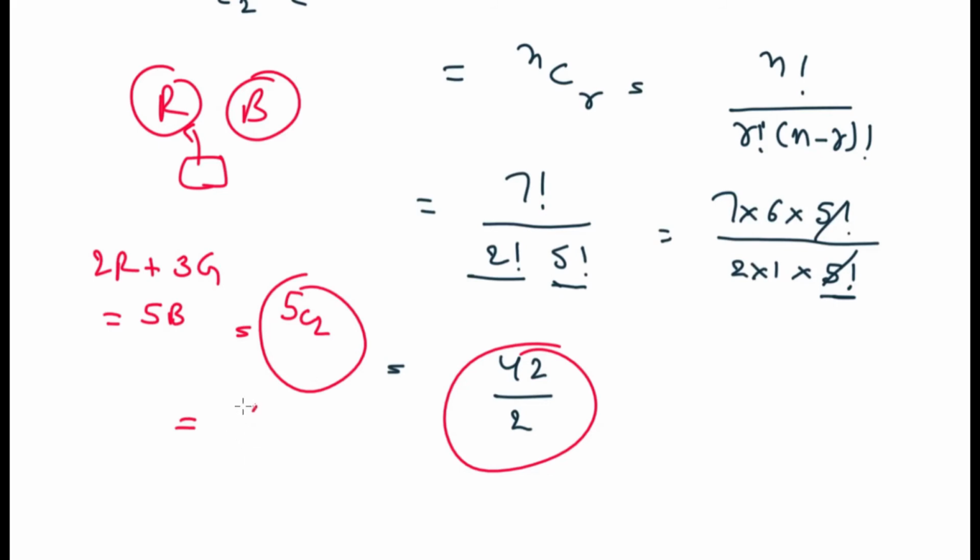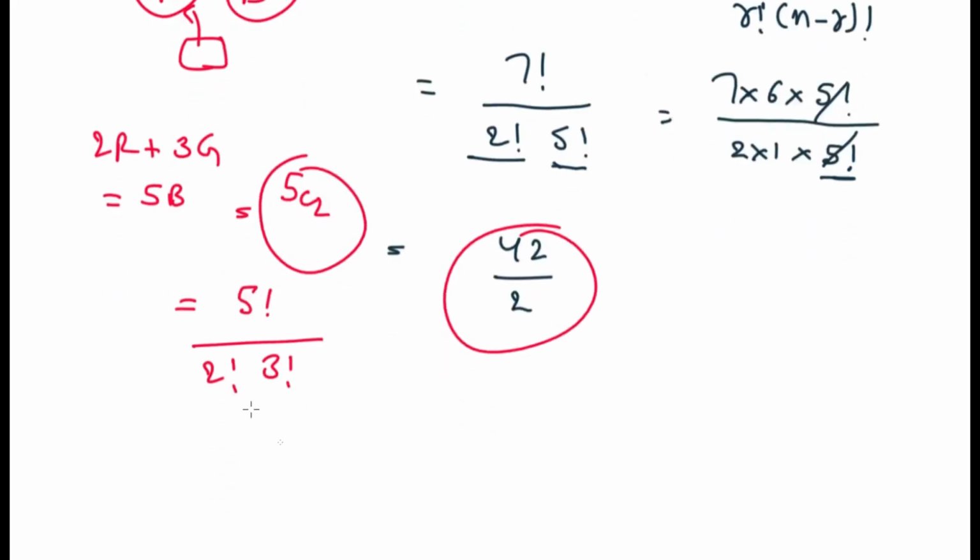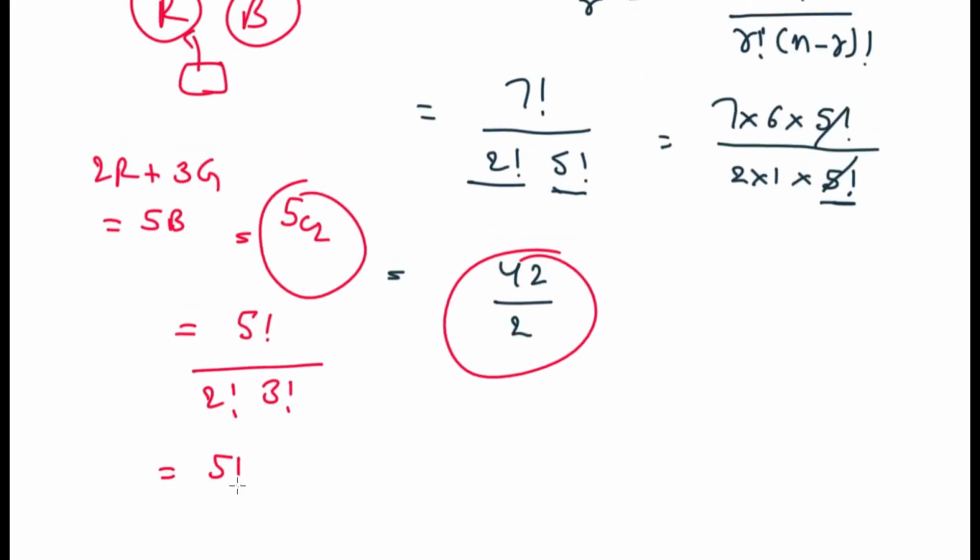Let's just expand this: 5 factorial upon 2 factorial and 3 factorial. This will come out as 5 factorial upon 2 factorial. Let's just open this into 3 factorial. Let 3 factorial remain, which is this. Open this, which will be 5 into 4, 20, upon 2 into 1, so 20 by 2.